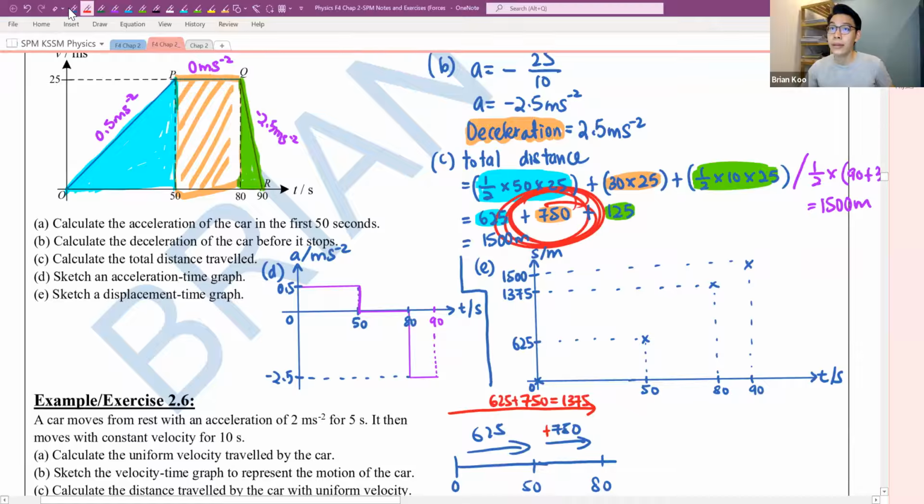And then in the next 10 seconds, you travel another 125. So in total, 1375 plus another 125, which makes sense now because just now we calculated that our total distance is 1500 meters as well.